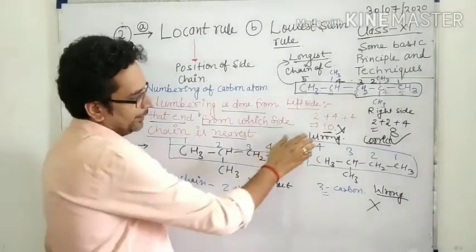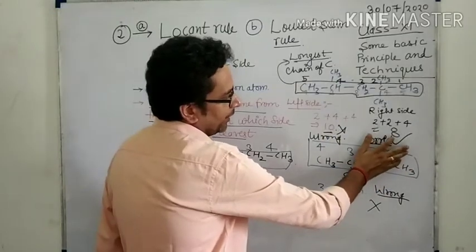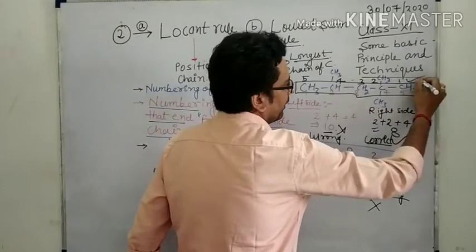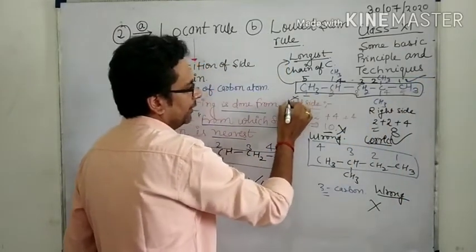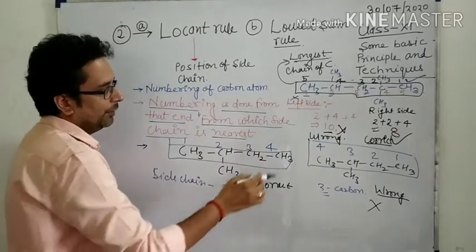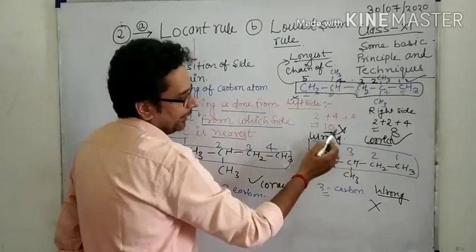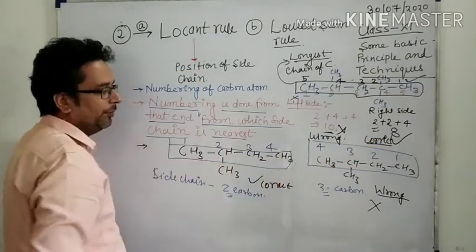For example, 10 and 8, which one is correct? 8. So this numbering is correct and this numbering is wrong. Why? Because when we add the positions of the side chain, that sum is greater compared to this one. So this is the lowest sum rule.